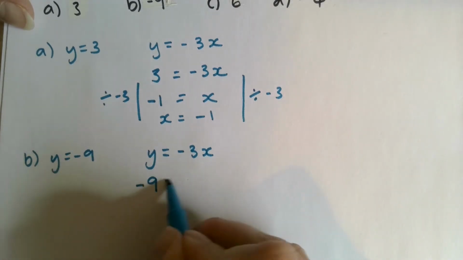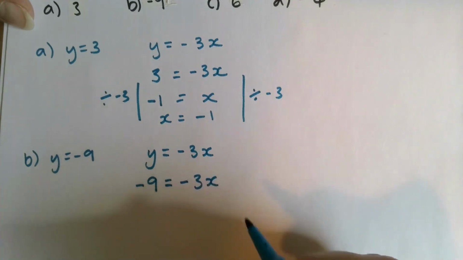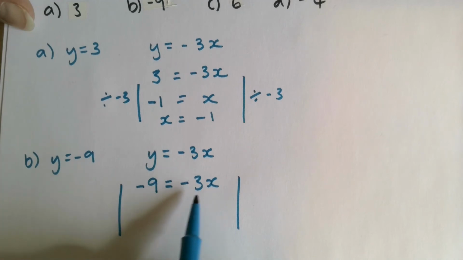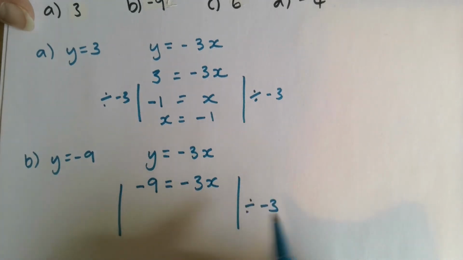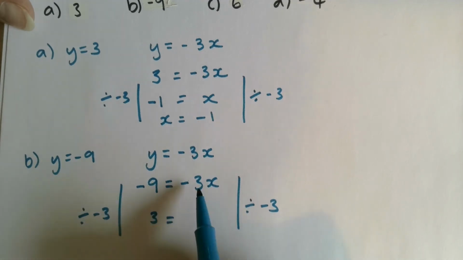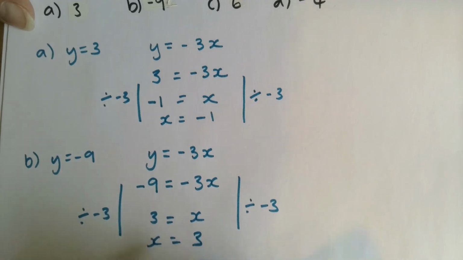So minus 9 equals minus 3x. Now I have to solve for x, so I have to divide by minus 3. So 9 divided by 3 gives me 3. Negative divided by a negative gives me a positive, so I just leave that as a positive. And minus 3 divided by minus 3 gives me 1. So in this one, x equals 3.